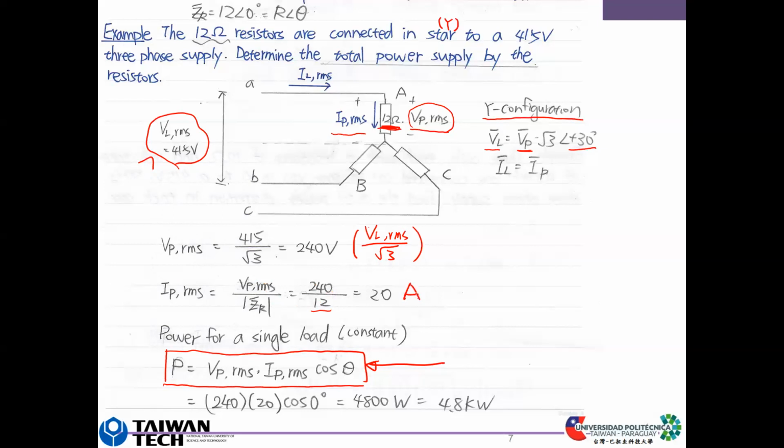Once you calculate the phase voltage and phase current, then by applying this formula, theta is the phase angle of the load impedance.